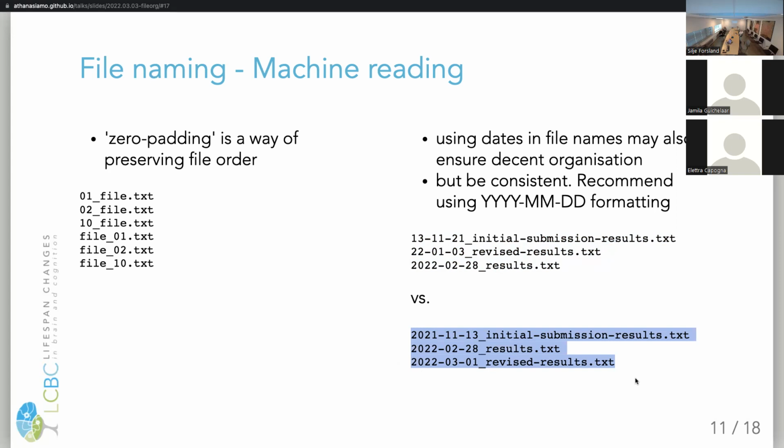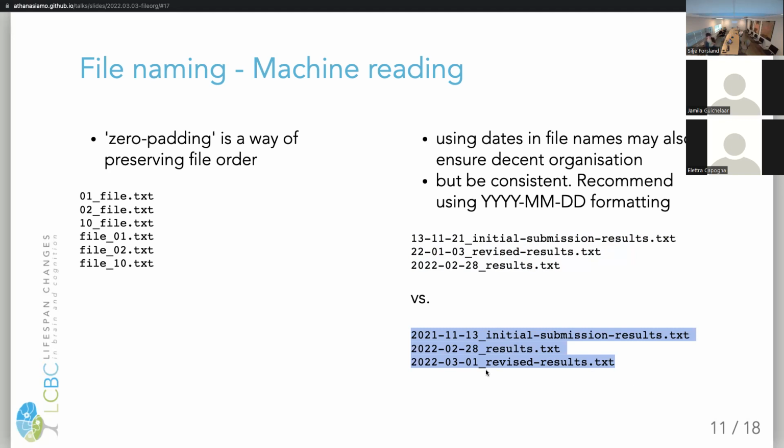Because, assuming that all these dates are written in the same way, the last 2 numbers have to be the day of the month, because there's no month 13 or 28, which means that the second 2 numbers have to be the month, and the first 4 have to be the year. So it becomes much, much clearer what dates you're actually looking at.